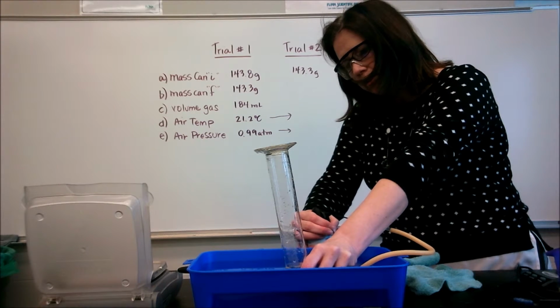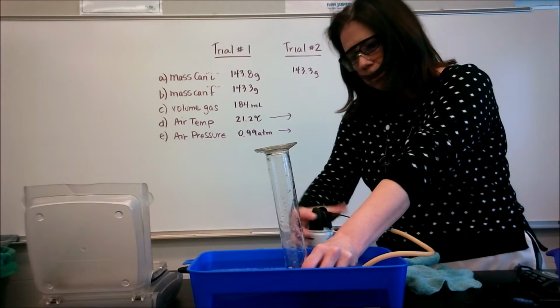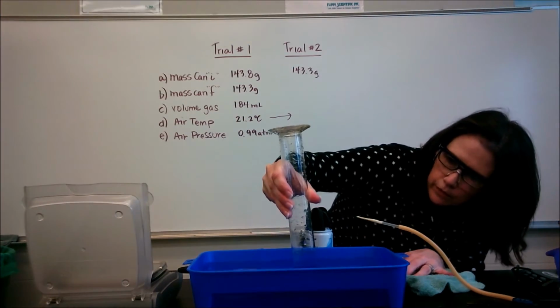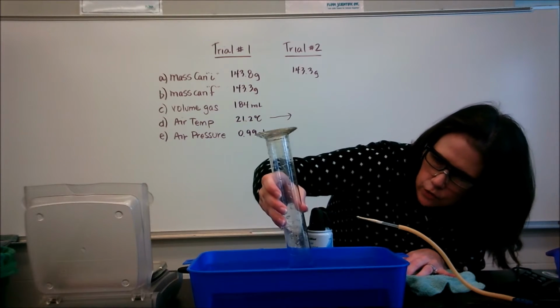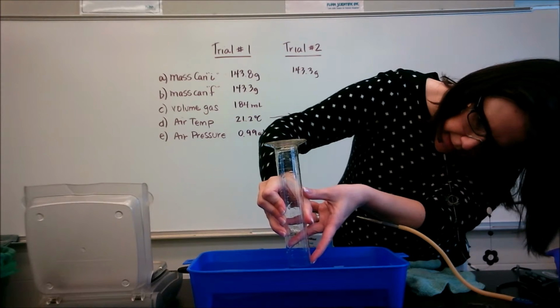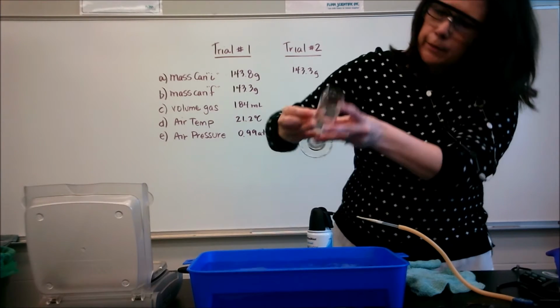Getting close to water level, take it a little bit further so that when I take my tube out, I can make it level with the water in the trough. I'm going to put my finger on it when it's level and then flip it up.